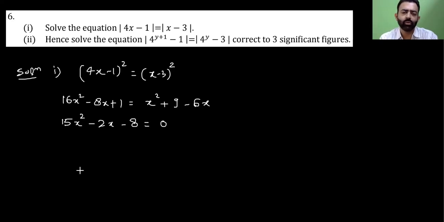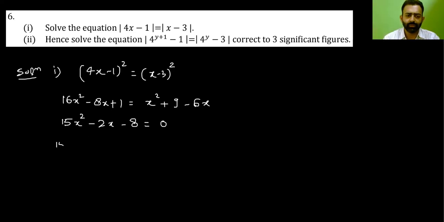Now again, you may use your calculator to find the roots of this, or you can factorize if it is factorizable. The factors that I will get after multiplying 15 and minus 8 is minus 120, and minus 120 I can get as minus 12 and plus 10.